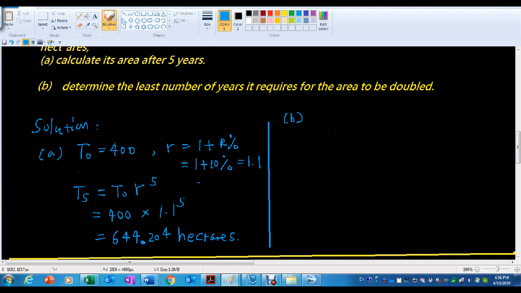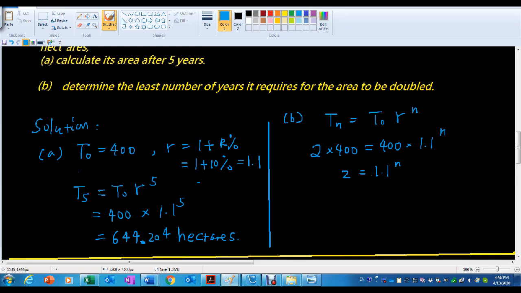The formula is still Tn equals T0 times R to the power n. We don't know which year, but we know that Tn should be double T0, so 2 times 400. So this is 400 times R, where R is 1.1, to the power n. That will give you 2 equals 1.1 to the power n.